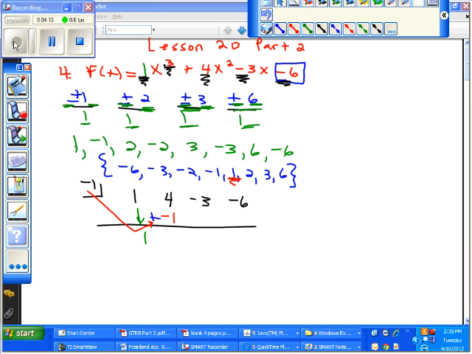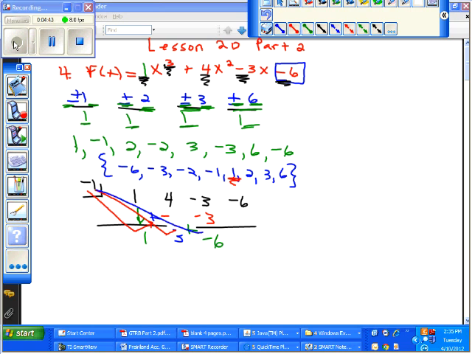And then we add, and we're going to get a positive 3. And then we're going to multiply. Negative 1 times negative 3 is negative 3. And then we're going to add, and we're going to get a negative 6.